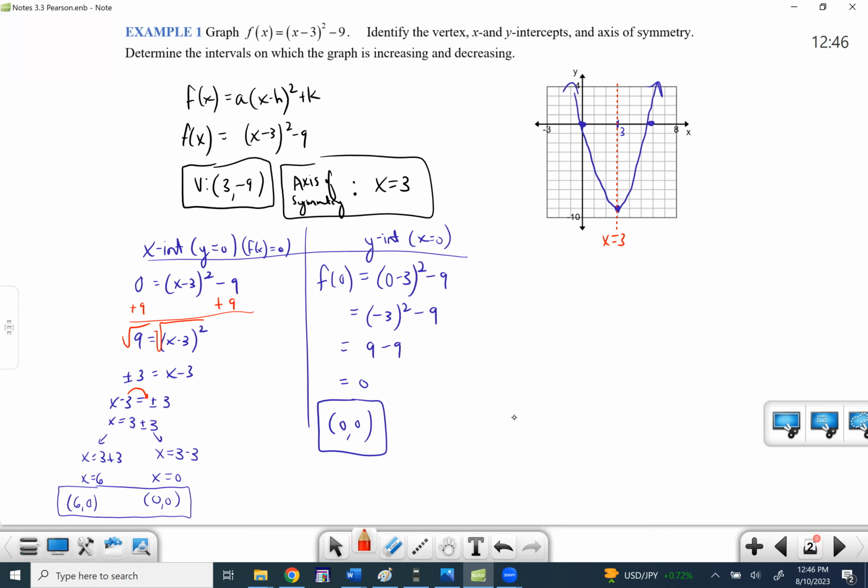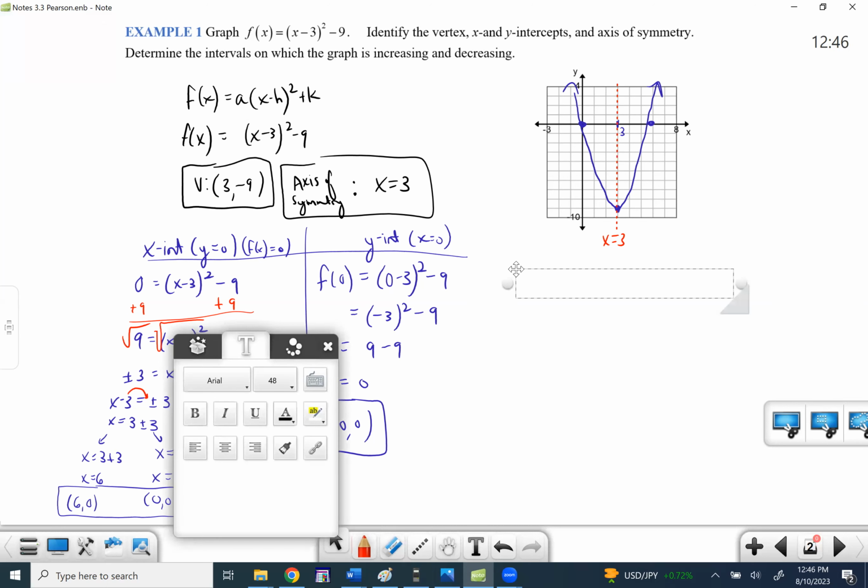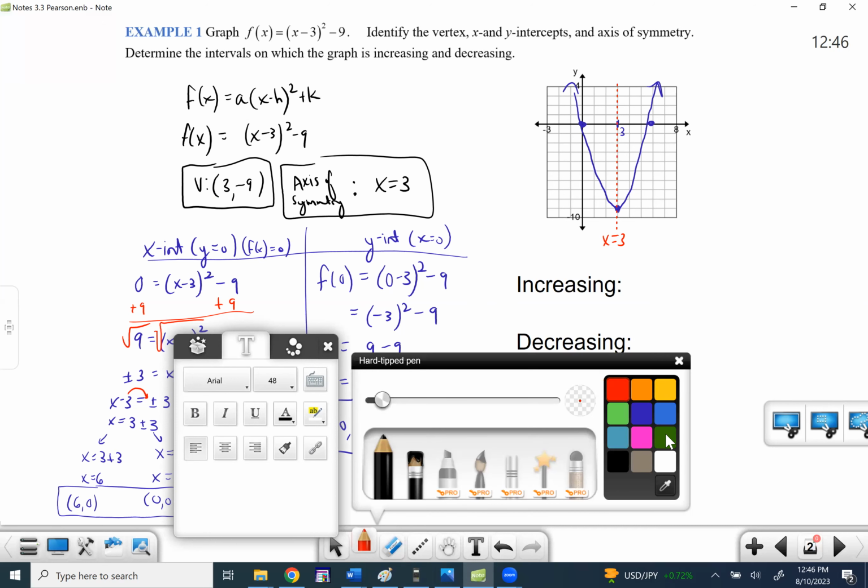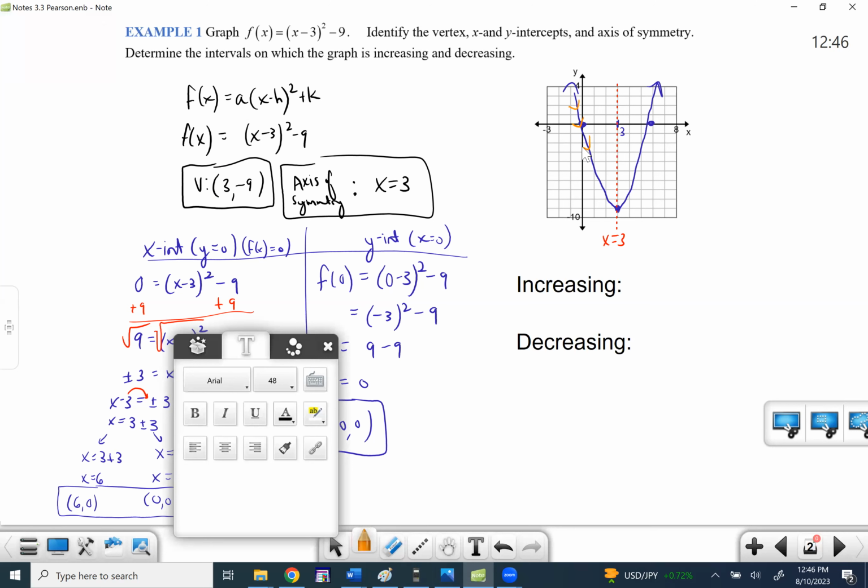Now, they want us to talk about the intervals on which it's increasing and the intervals on which it's decreasing. It wants us to use interval notation. So it looks like we start off going downhill from left to right, so we're starting off decreasing.